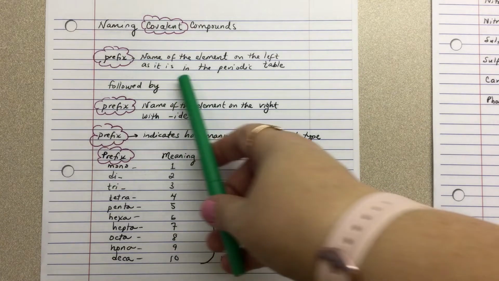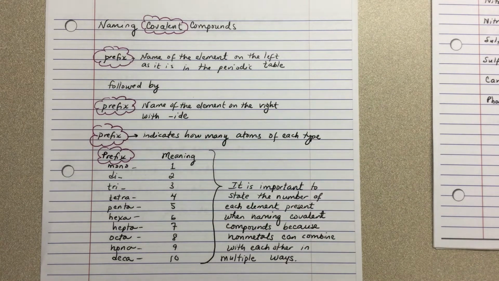I'm not writing here name of the metal as it is in the periodic table because you don't have metals for covalent. So I'm writing down name the element that you have on your left side of your formula, or the first one that appears in your formula as it is in the periodic table, and you're going to write down after that the name for the element that you have on the right side of your formula using the ending IDE. This is the modification for your rule.